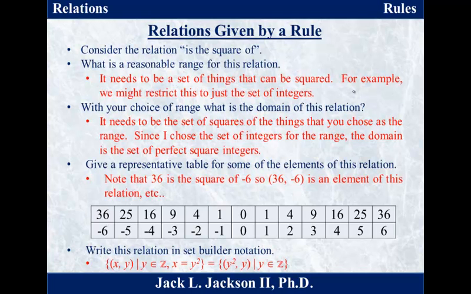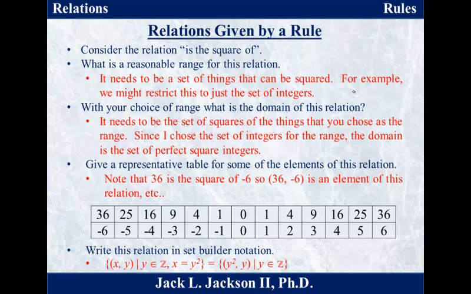And in fact, even with real numbers, if you picked real numbers for the range, you're only going to get non-negative real numbers for the domain, because negative numbers are not squares of real numbers. So we'll correct that statement.